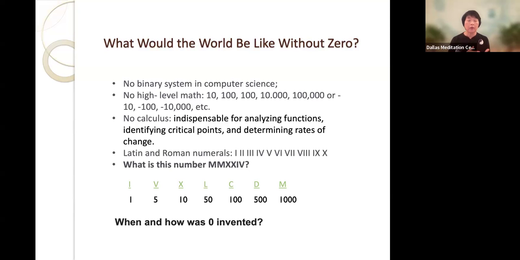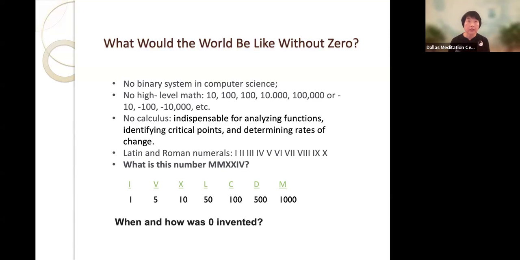Now we most likely call these numbers 0, 1, 2, 3. When we use them in math, we call them Arabic numbers. But actually it originated in India. So sometimes we call them Hindu-Arabic numbers.